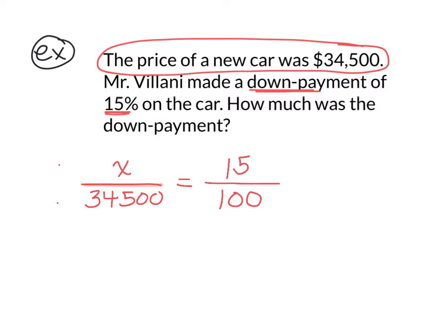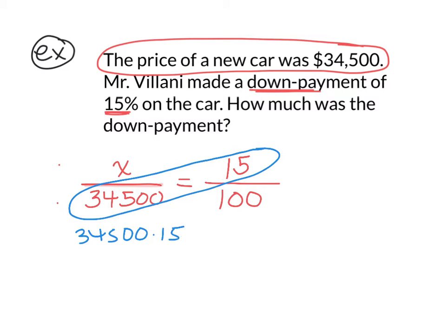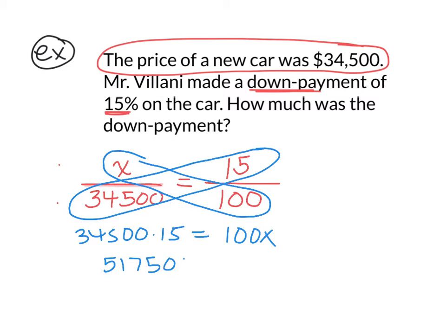And now I just take out my calculator and I cross multiply, remembering that when I do that, I'm multiplying across the equal sign, right? So bottom times top, 34,500 times 15 equals, don't lose that equal sign, that's important to us, equals 100 times x. 34,500 times 15 happens to be 517,500 equals 100x.